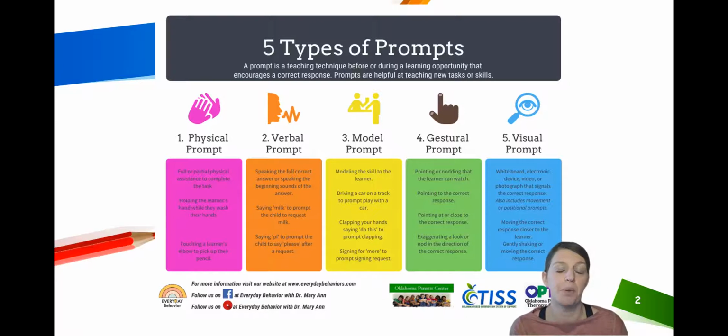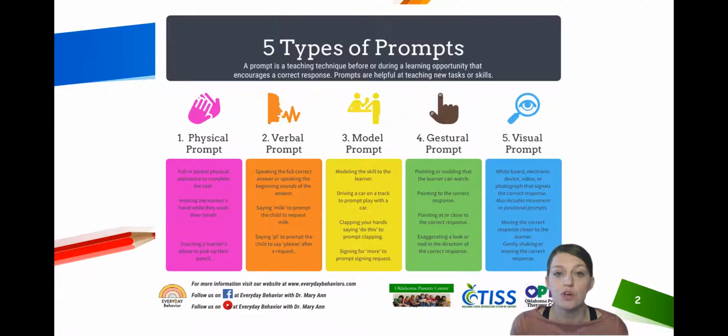Now, verbal prompts are using any verbal means to help the student to know the correct answer. So if you are working on teaching a new skill, you may say, what would you like? Do you want a drink? Say drink. So you may be using "drink" as the verbal prompt.